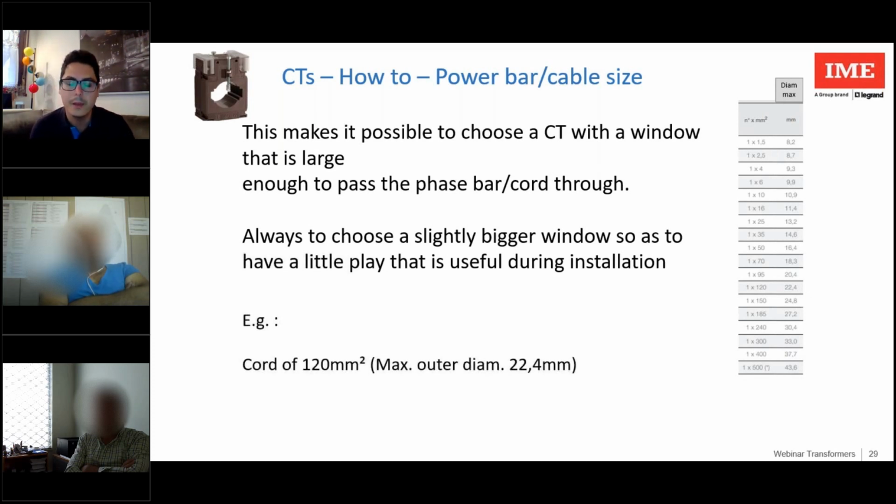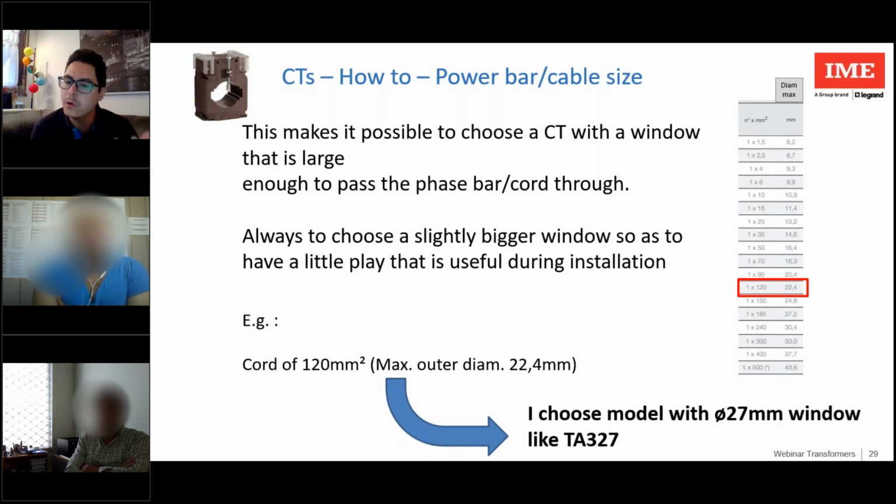Here is an example. I have a cable of 120 square millimeter. In the cable installation manager, you find a table that for 120 square millimeter, the diameter is 22.4 maximum diameter.